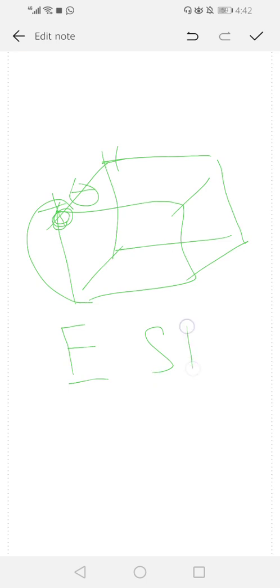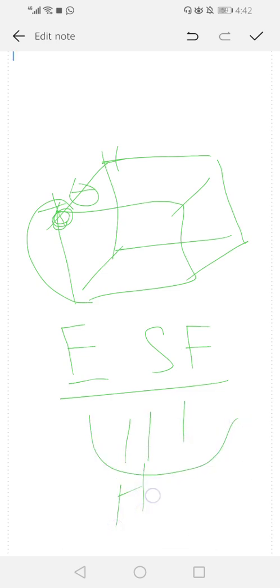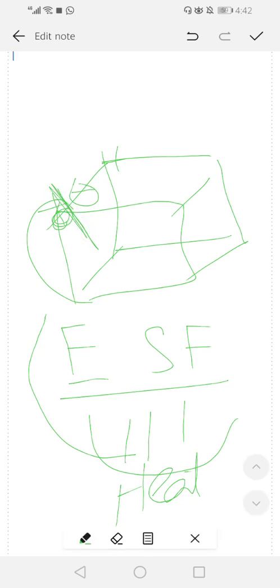Electrostatic force, ESF, is a very powerful force. Whenever you melt or heat the ionic compound, what happens basically? The heat overcomes these electrostatic forces.